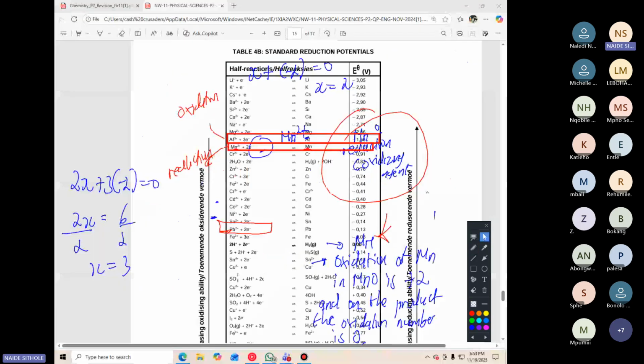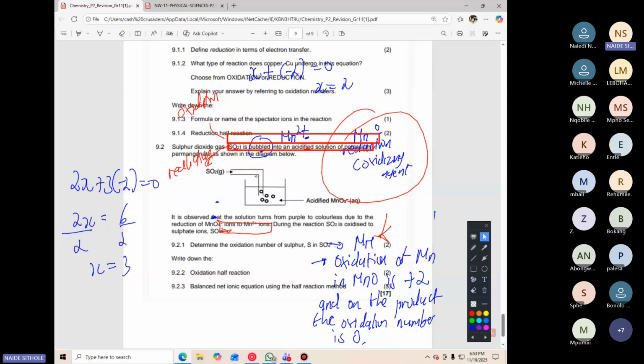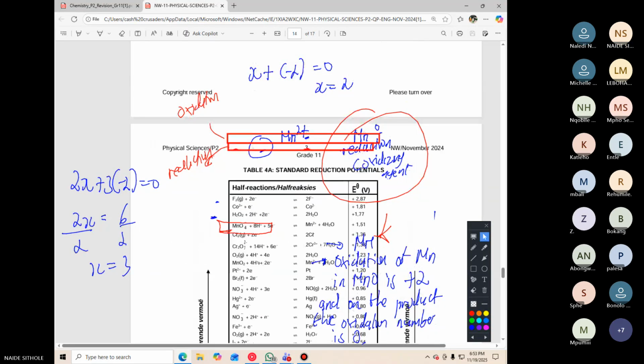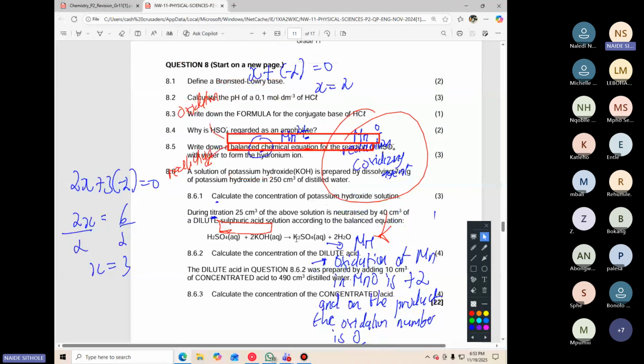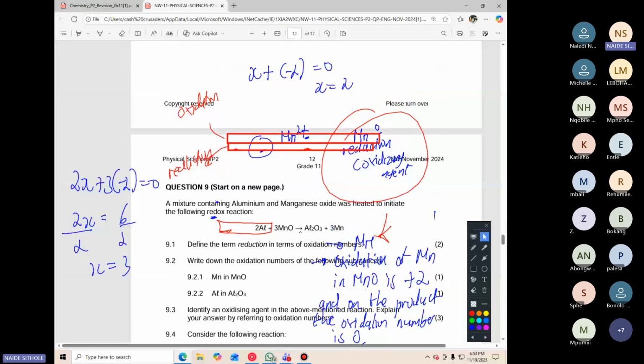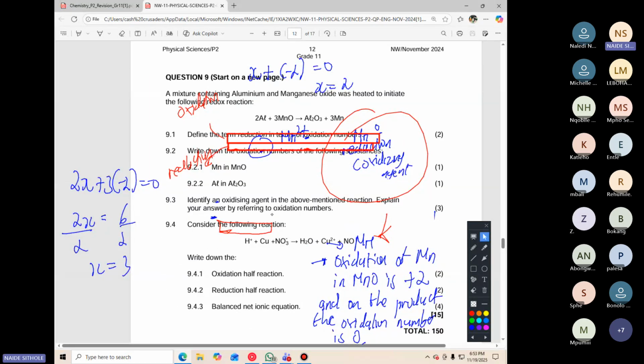So what was the question here? Let's read. What was the question? It was asking us to do what? Identify an oxidizing agent. So your oxidizing agent is not Mn actually, it's even Mn2 plus, because it is the one whereby there will be a decrease in oxidation number from Mn2 plus to Mn.